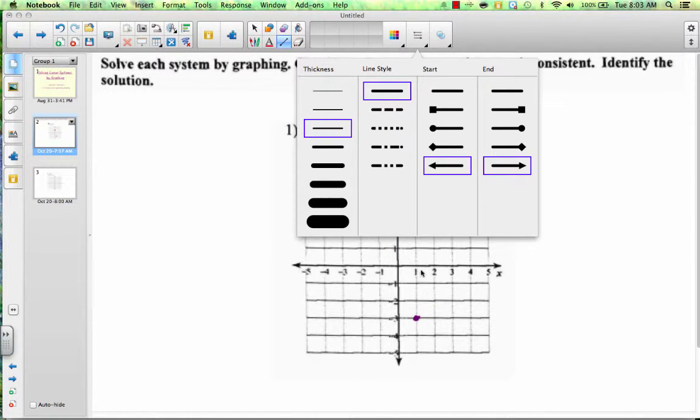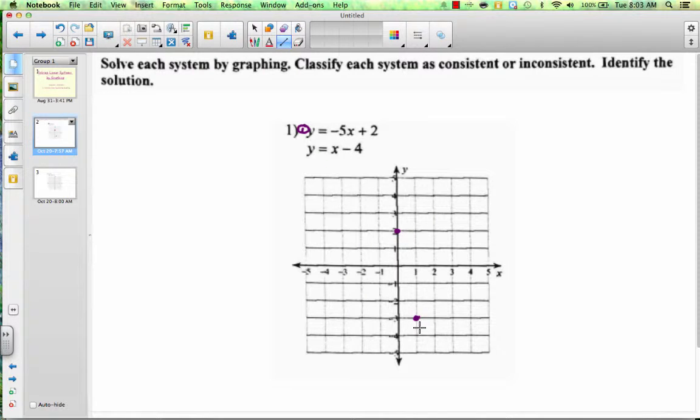Get purple line. Excellent. Okay, so now we have graphed our first line, y equals negative 5x plus 2. Adjust that a little bit.